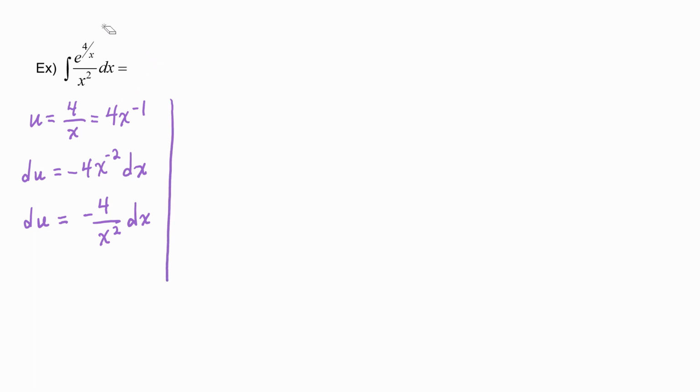Now, if we organize our integral in the x variable a little bit, we have the integral e to the 4 over x. We have that x squared in the denominator, and we have our dx.